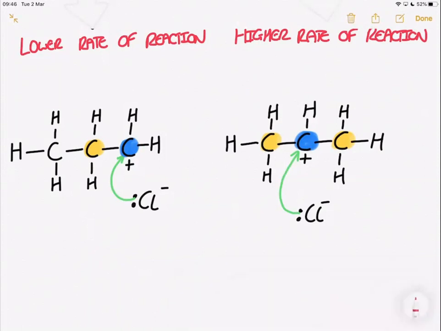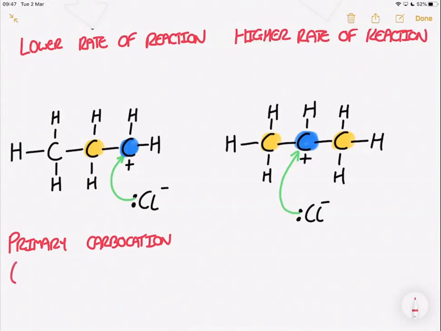When there is one carbon atom attached to the C+ in a carbocation, we classify it as a primary carbocation. Again, this is the same kind of idea as classifying halogenoalkanes or later on alcohols. It has to do with the number of carbon atoms attached.